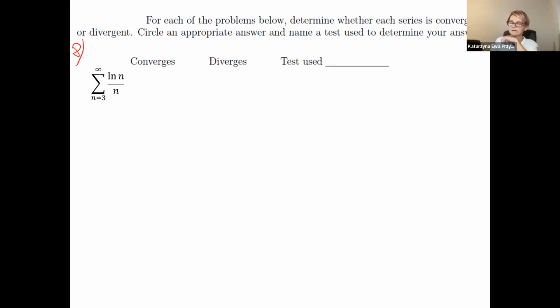Let me check. Okay. Natural log of n over n. So now, what can we do? We may try to compare with something, because comparison is basically the easiest one, if we know the right formula. Normally, we can try 1. And we're just starting with 3.